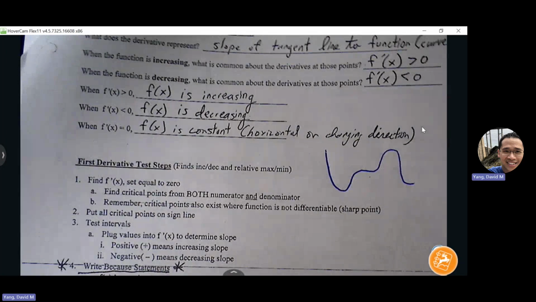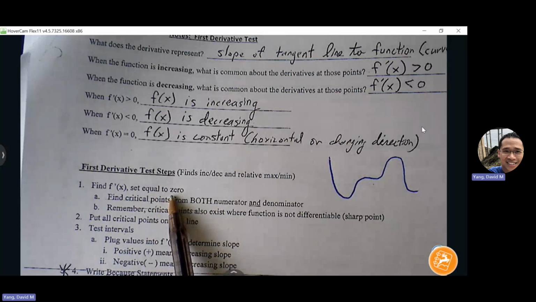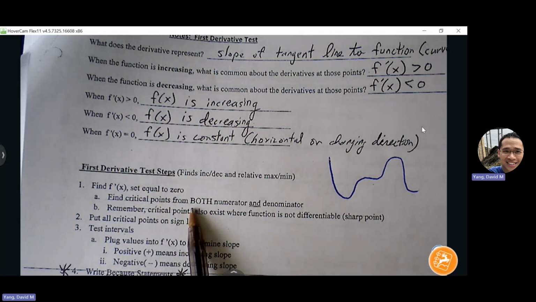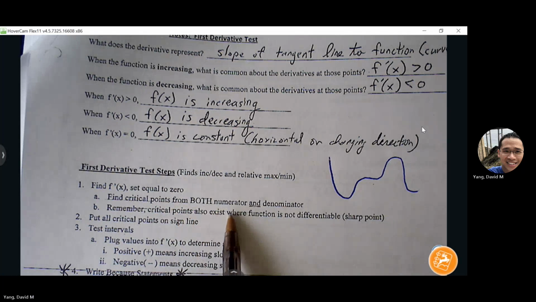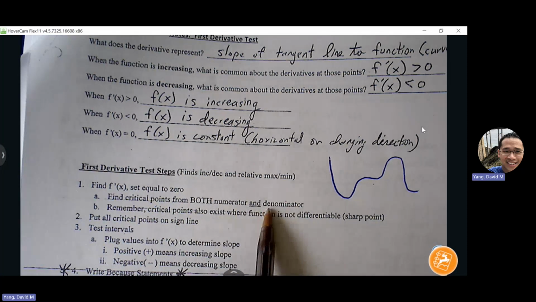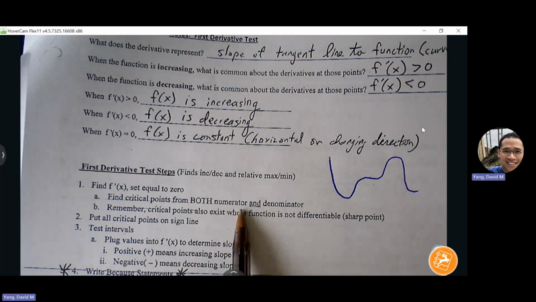So here's the first derivative test. We're going to find f prime set equal to 0, very much like how we do with particle motion, right? We find velocity, we set velocity equal to 0. Find critical points, right? So we set f prime equal to 0. Solve for x, just like how we did with velocity. But make sure that we look for critical points from both the numerator and denominator. Okay.